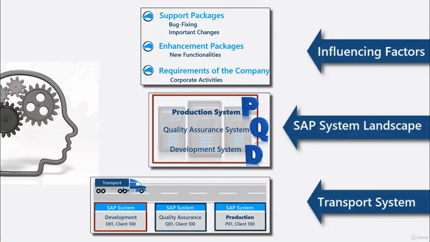Within an SAP System Landscape, separate systems assume different functions as their names imply: development, quality assurance, and production. The SAP tool Change and Transport System allows you to copy changes step by step from one system into another. This should ensure that the productive operations are not disturbed by new settings or programming.